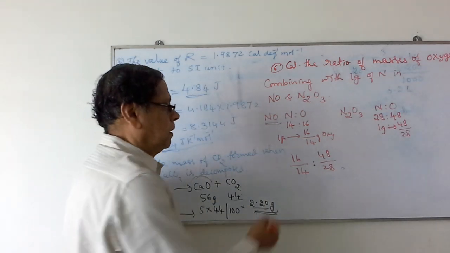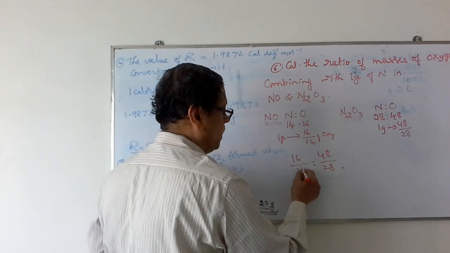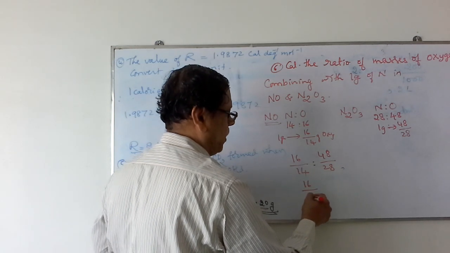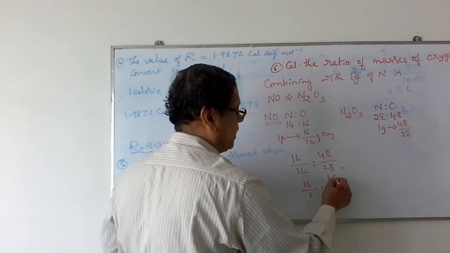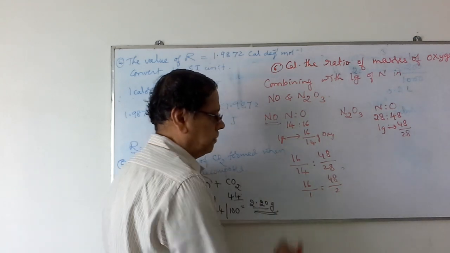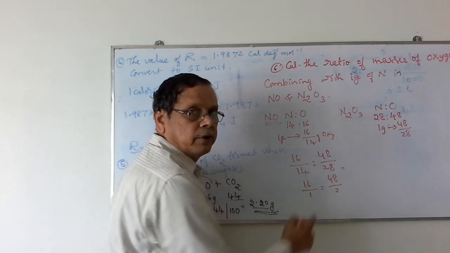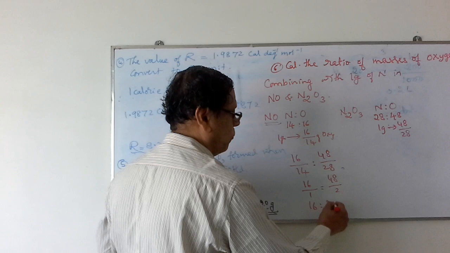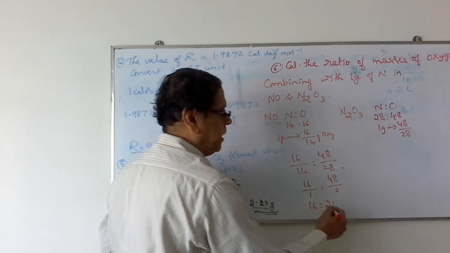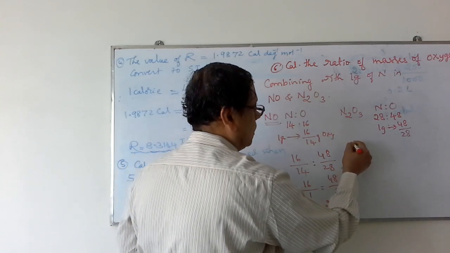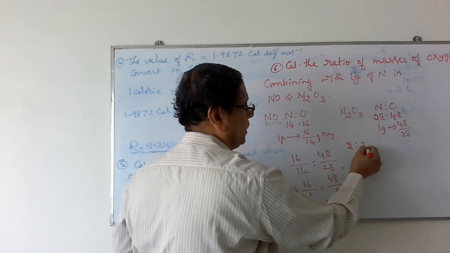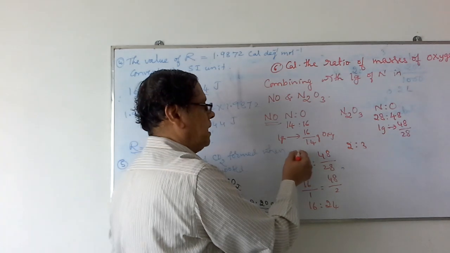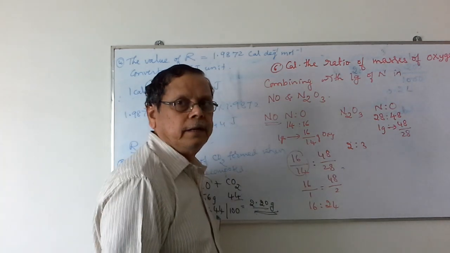N2O3. Now if you simplify, this will be 16 by 1, 48 by 2, because 14 into 2 will give rise to 28, or it will be 16 to 24. So if you divide by 8, it will be 2:3. We can do it in another way. Take the exact ratio of this 16 by 14.